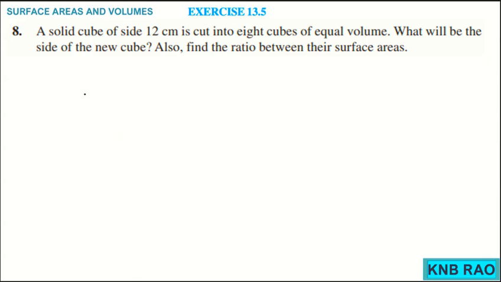In this question we have a cube of side 12 centimeter given, and that cube of 12 centimeter side is cut into 8 cubes of equal volume, and the question is what will be the side of the new cube.